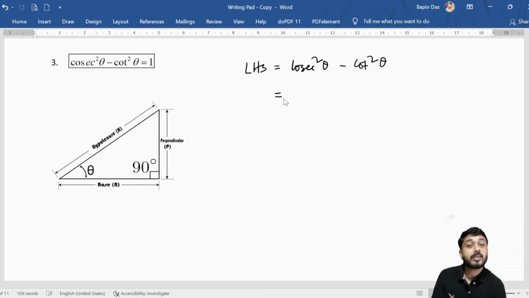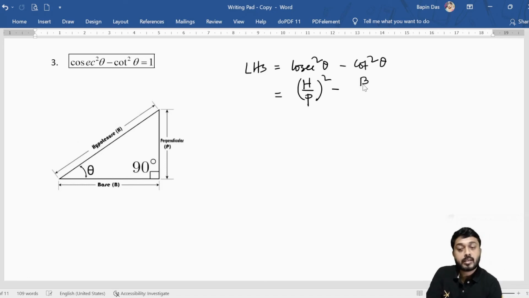What was sin theta? Sin theta was perpendicular by hypotenuse, p by h. So cosec theta is equal to h by p, right? h by p whole square. But cot theta was a reciprocal of tan theta. What was tan theta? p by b. So cot theta equal to b by p. b by p whole square, right?